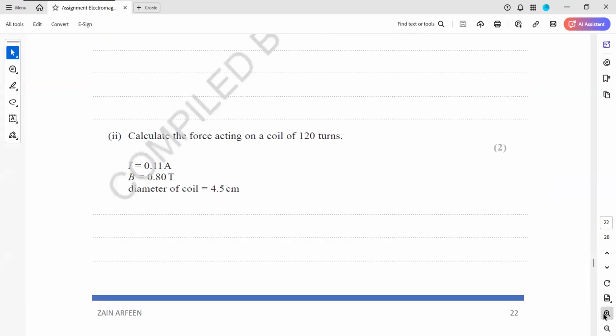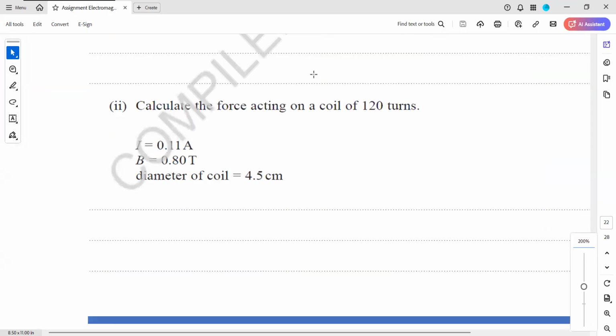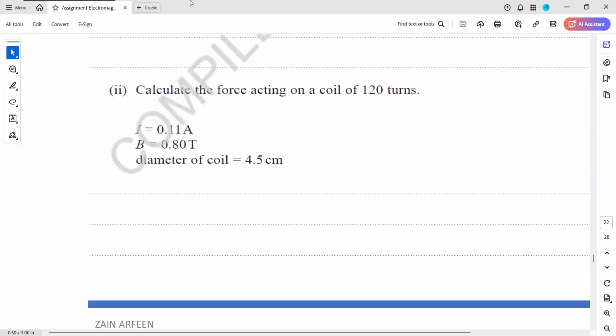Calculate the force acting on the coil. Calculate the force acting on a coil of 120 turns. So the coil is turned 120 times and the diameter of the coil is 4.5 centimeter.